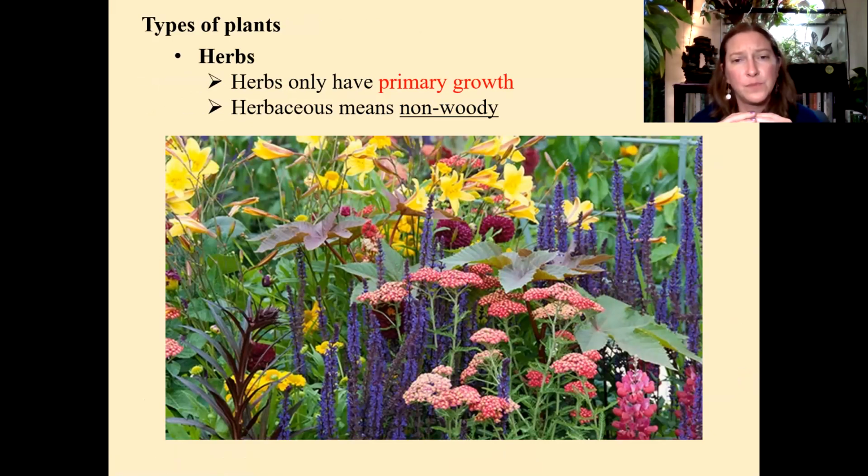Like this time of year, maybe they're finished now, but tulips are a type of herb. All the culinary herbs that you think about, maybe you have a basil plant at your house, that's an herb. Dandelions are an herb. So those only have primary growth.